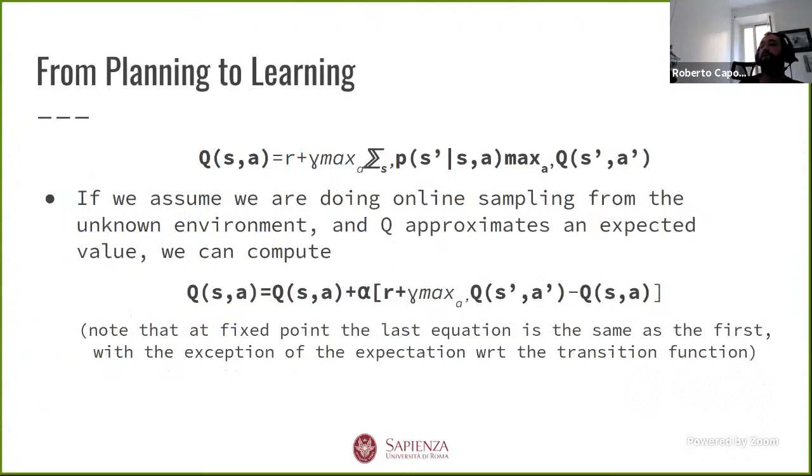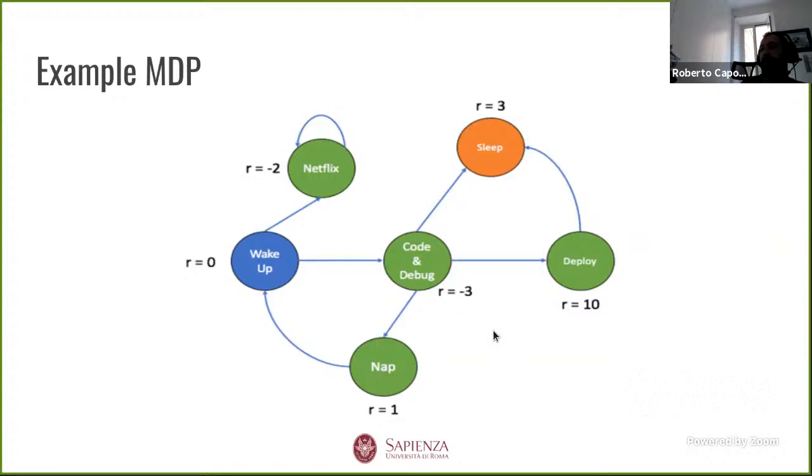So if we go back to our example over here, if we have a policy that tells the agent that in this state, the action with the maximum value is NAP, right? This is because our current estimate is like this. This is what we estimated, or maybe we have injected this prior knowledge in our Q function, and we say, okay, this is what you should do.